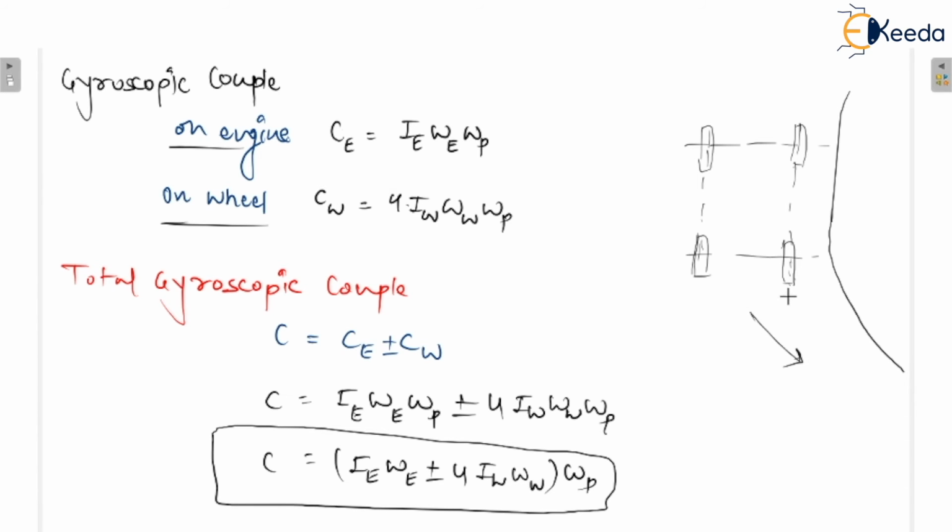There will be upward forces on the inner wheels, because they are having less reaction, and the outer wheels are having more reaction. Forces on each inner wheel will be equal to C upon 2L, which you can calculate, because the unit of gyroscopic couple is Newton meter.